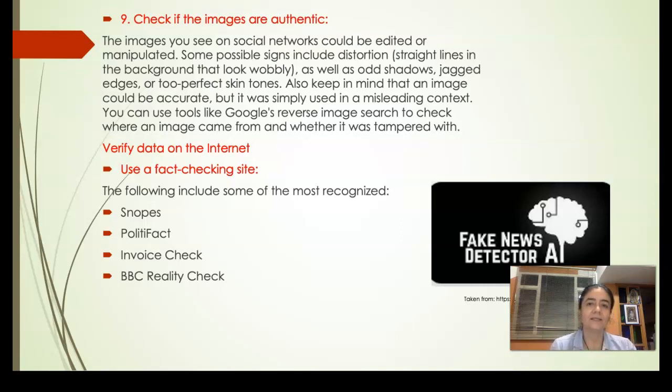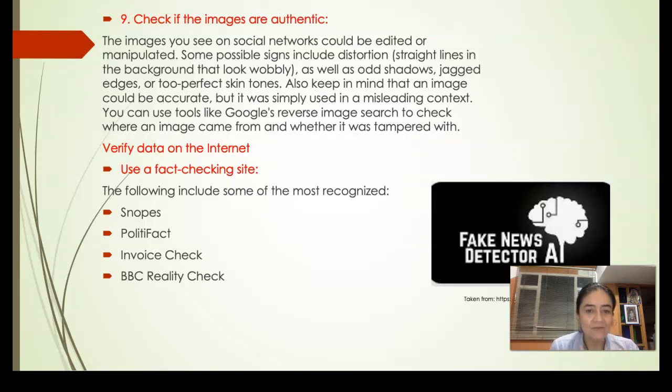Also, keep in mind that an image could be accurate but used in a misleading context. You can use tools like Google reverse image search to check where an image comes from and whether it was tampered with.